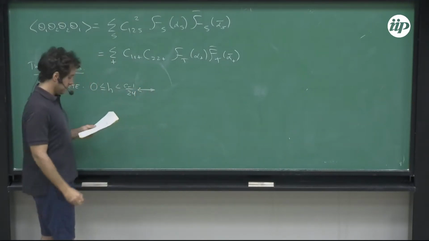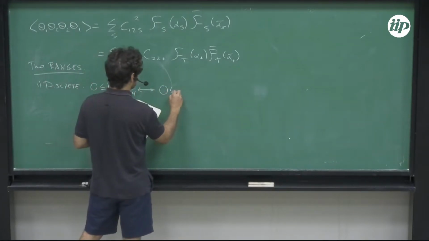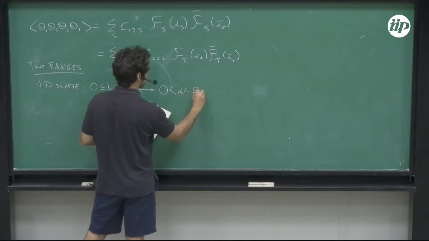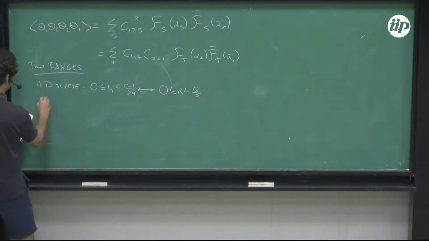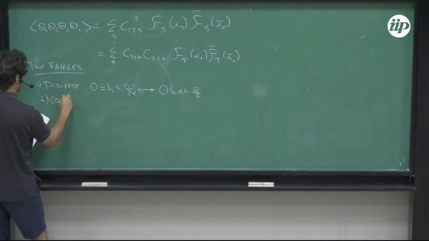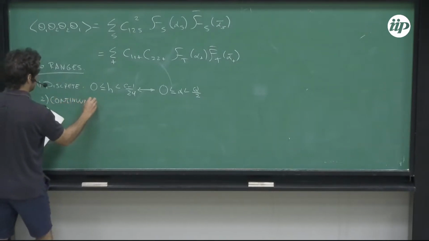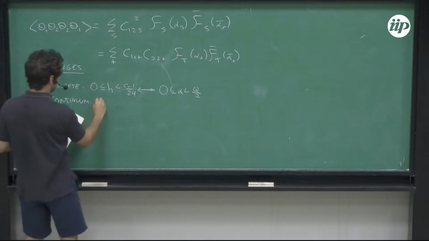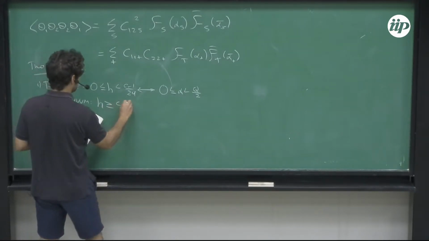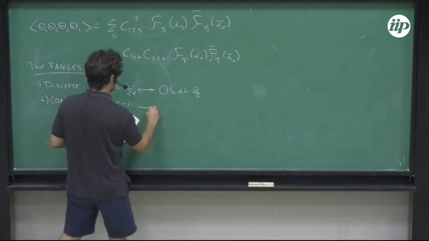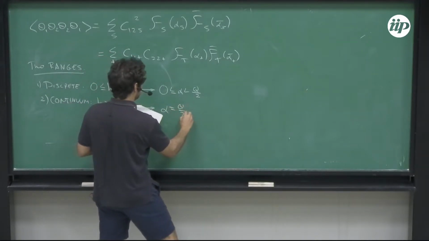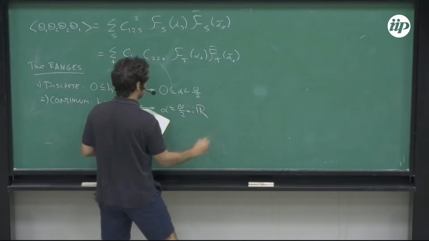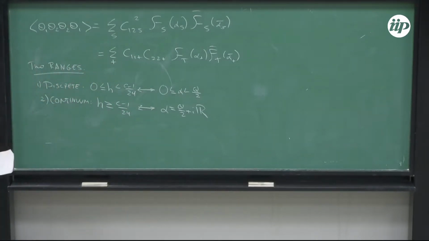And in terms of the momentum, this is the range of real alpha bounded above by Q/2, which is just algebra. There are also some continuum states, which are just h greater than or equal to (c-1)/24. And in this case, the momentum alpha is complex, equals Q/2 plus i times some real number.